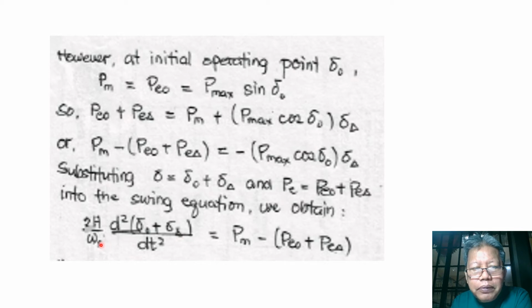Therefore, we have 2H over omega s times the second derivative of, instead of delta, delta O plus delta delta, over dt squared. And at the right side, we have PM minus PEO plus PE delta.